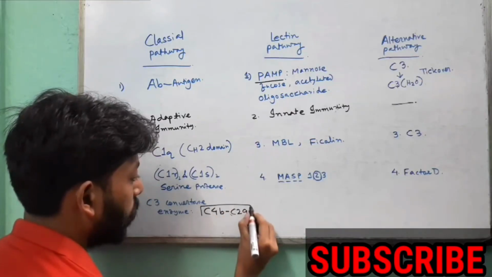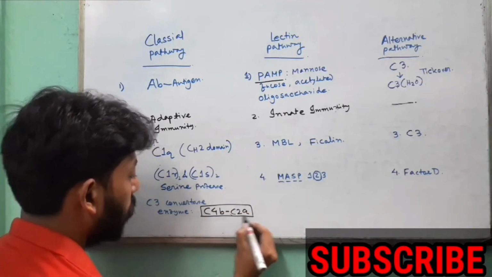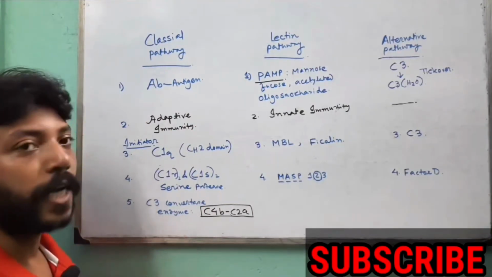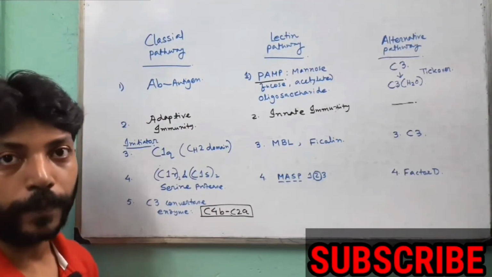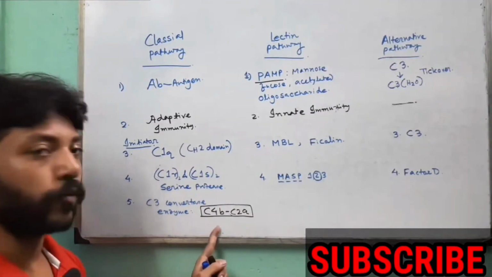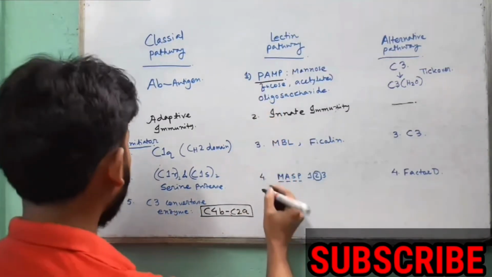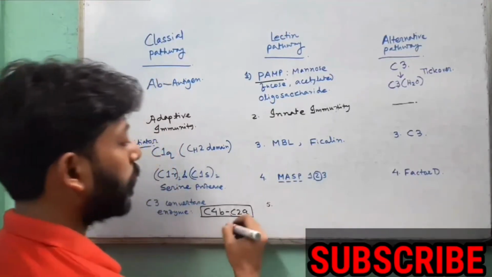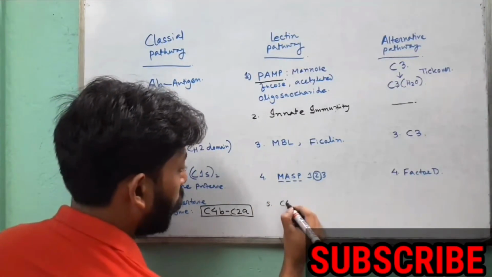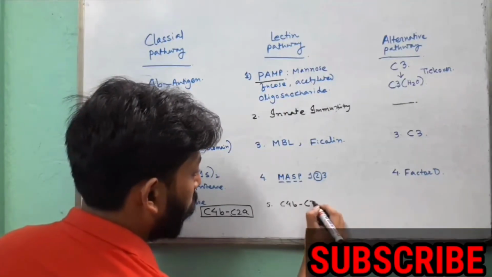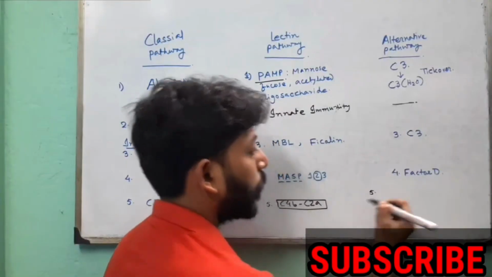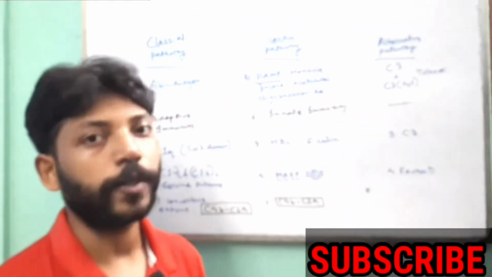This C3 convertase enzyme cleaves the C3 protein into two fragments, C3a and C3b. In the lectin pathway, the C3 convertase is the same as the classical pathway, the C4b and C2a complex. But in the alternative pathway, there are two C3 convertases.